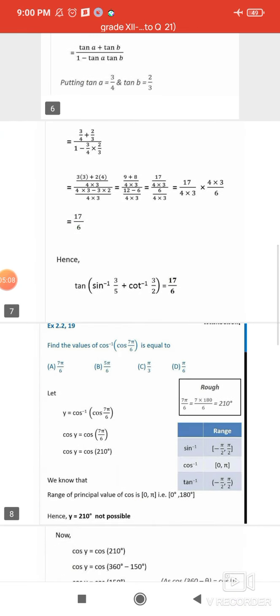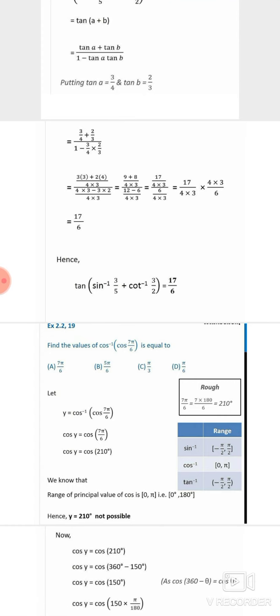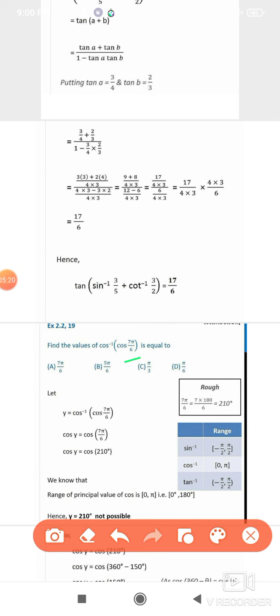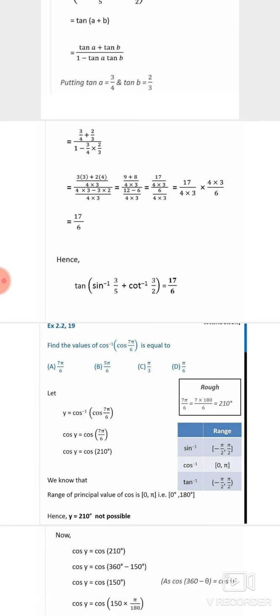Fine. Now in question number 19, what we have to do, again we will do the same thing. We will check whether 7 pi by 6 is lying in the principal value branch of cos inverse or not. 7 pi by 6 is equal to 210 degree, which is not lying in its principal value branch.